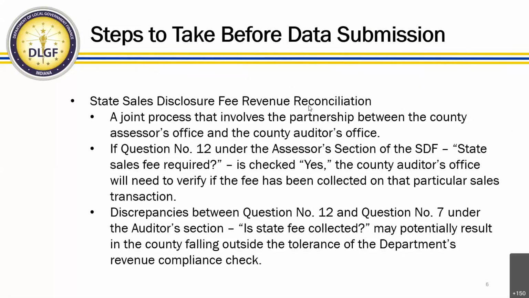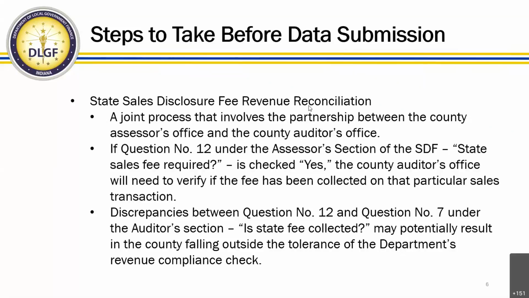Charles will talk more about that check when he goes over our compliance review process of sales disclosure data. But basically, the revenue check is the mechanism our team uses to verify that, as a county, you have submitted all your 2020 sales to us.